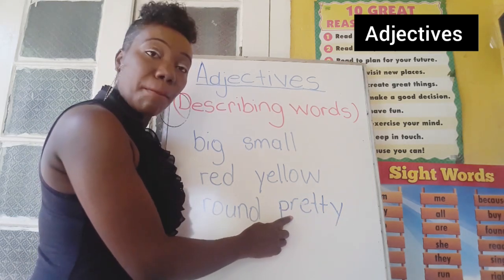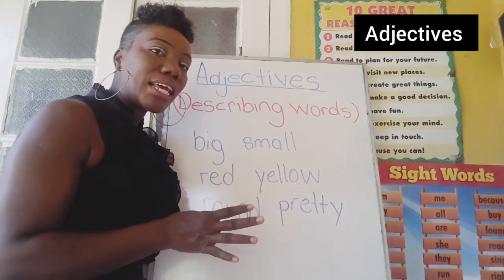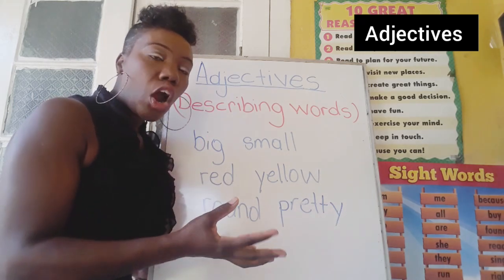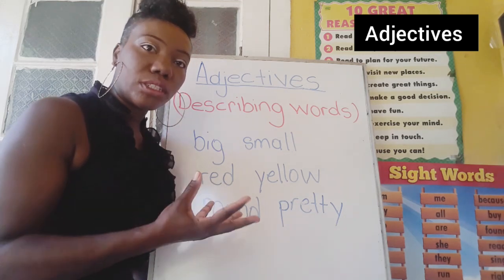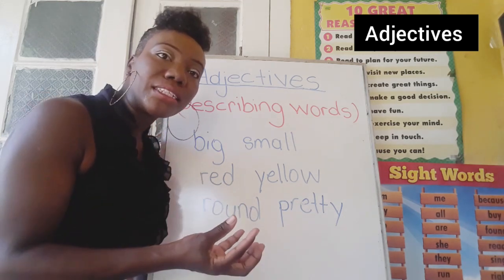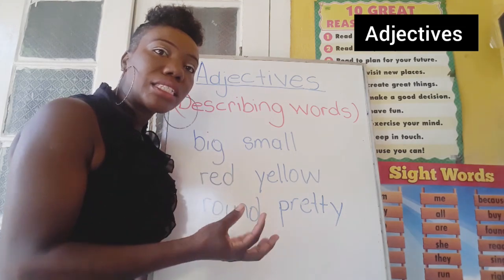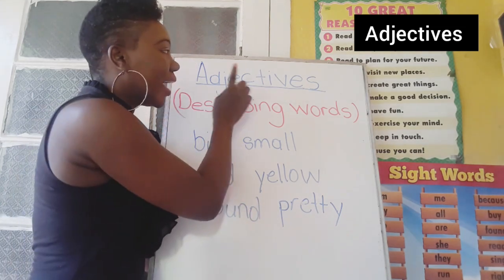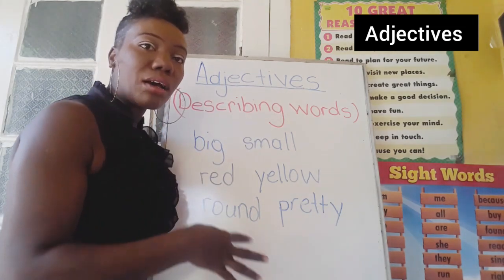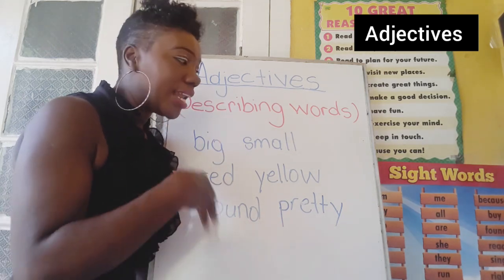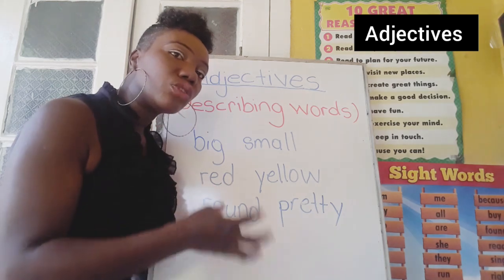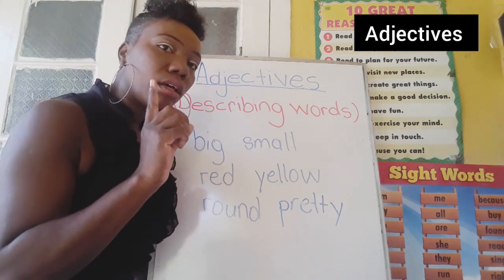And when we say that the girl is pretty or the shoes are pretty, we're saying how it looks. So we're describing it. And when we describe things, we're using adjectives, because adjectives are describing words. And describing words tell you something.